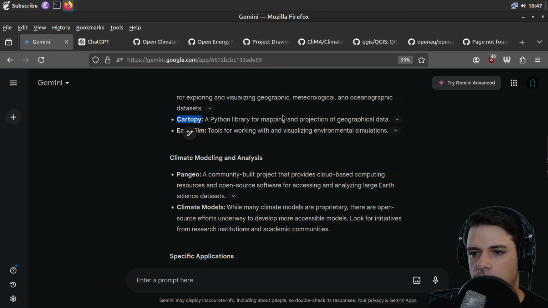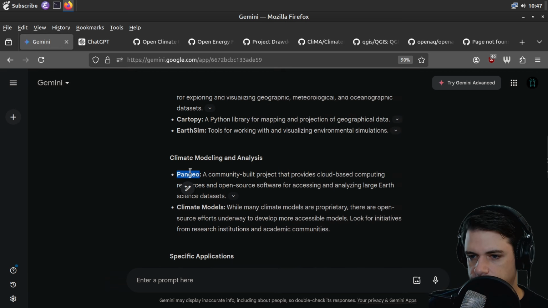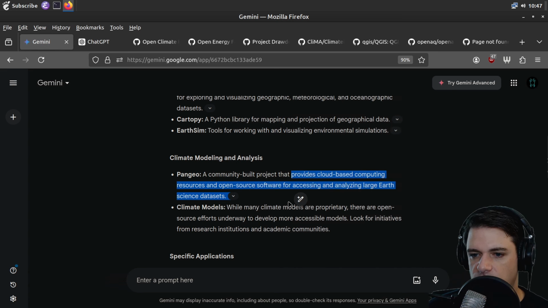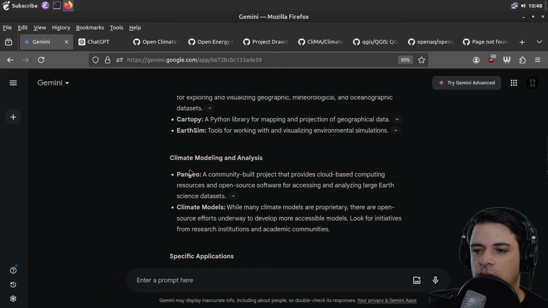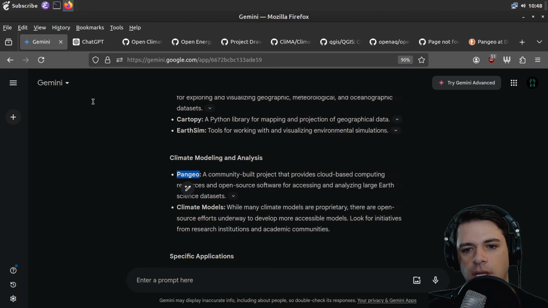Cartopy, so this is for maps and stuff. Climate modeling and analysis, we have Pangeo. So this provides cloud-based computing resources and open source software for accessing and analyzing large Earth science datasets. That sounds interesting. I don't think the code for that would necessarily be very interesting, but it might be.